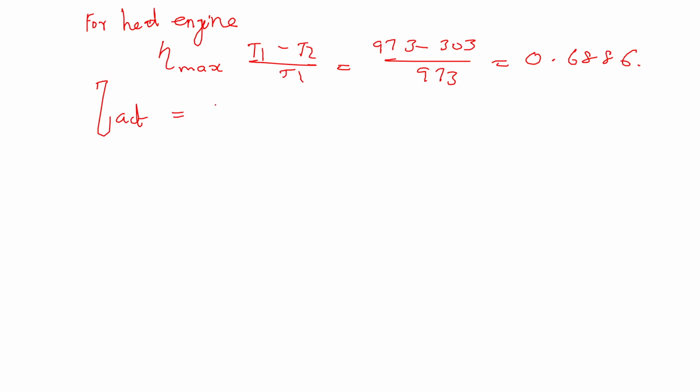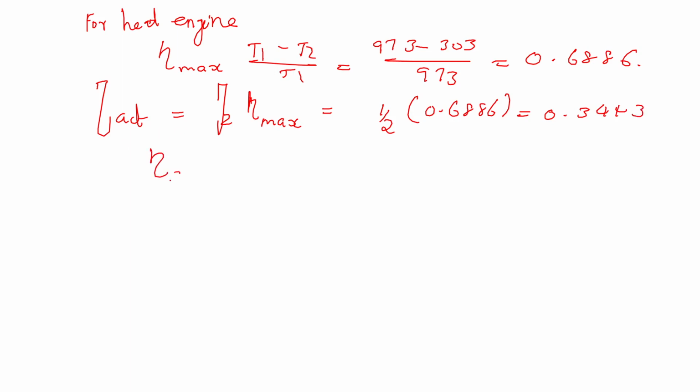Okay, now eta actual, how much it will be? It will be half of eta max. So you can write it as half of 0.6886. So it will be 0.3443. Okay, now eta actual you can give as W by Q1.